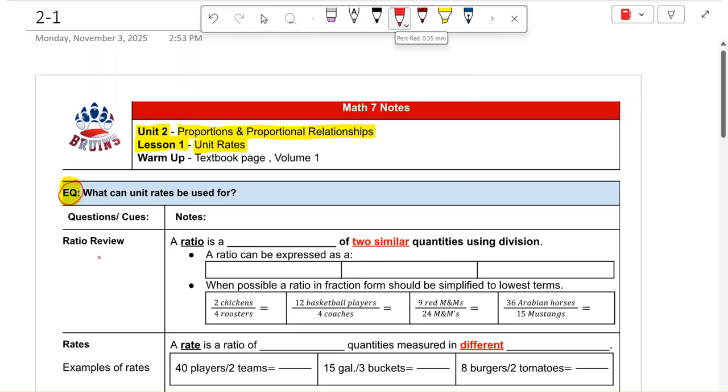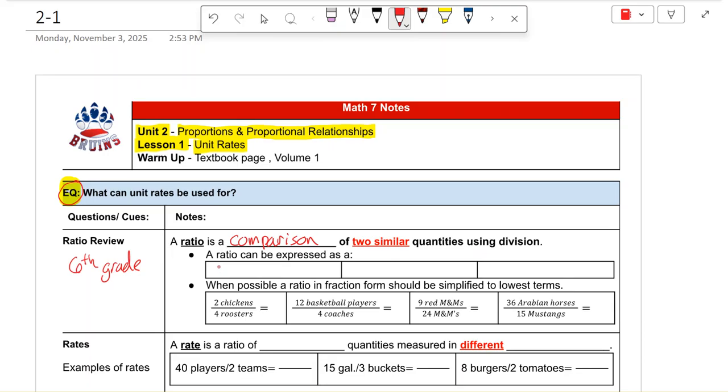For a ratio review from 6th grade, write that down: in 6th grade, you learned about ratios. A ratio is a comparison of two similar quantities using division. A ratio can be expressed in three different ways.